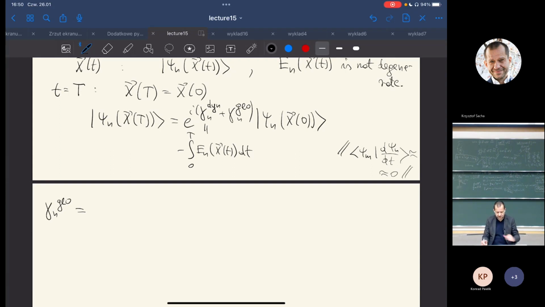And then we end up basically with a system which follows the initial eigenstate.